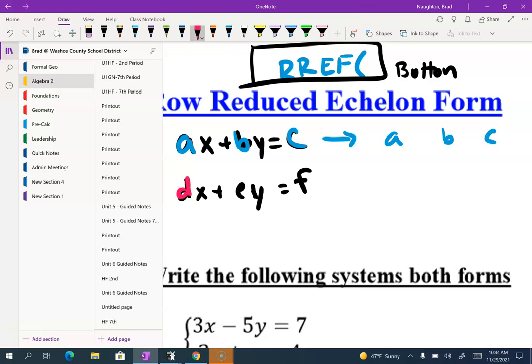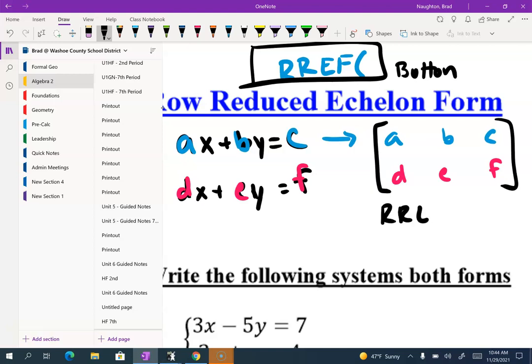And then you're going to take your d, your e, and your f and write them in the second row of your matrix. And so this right here is going to be your RREF matrix. So notice we ditched our x's and y's. We just lined them up, and then we said, nope, you're good. So that's how we're going to write it when it's asking for reduced echelon form.